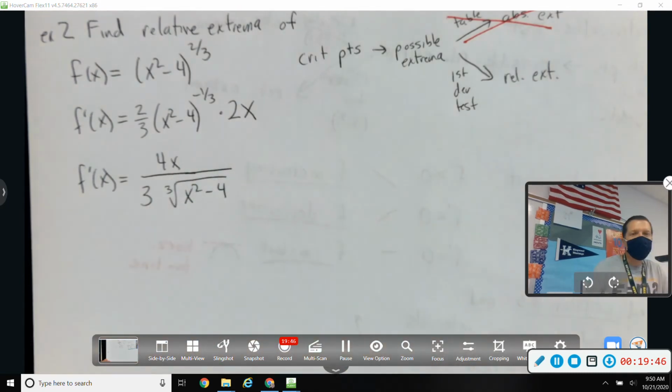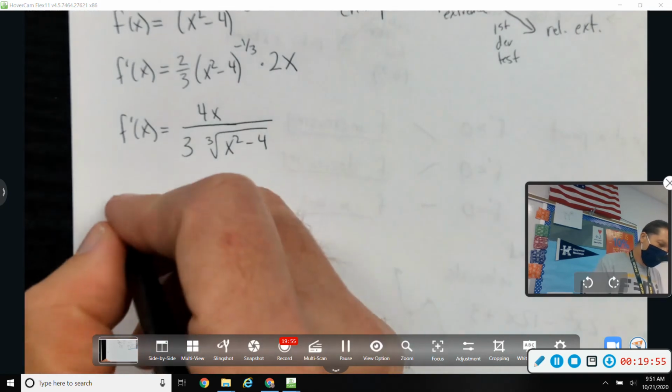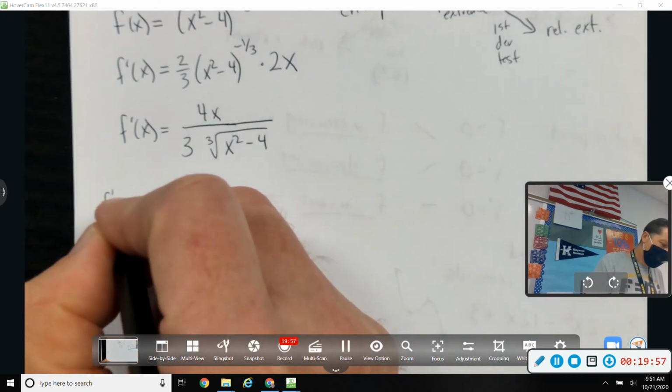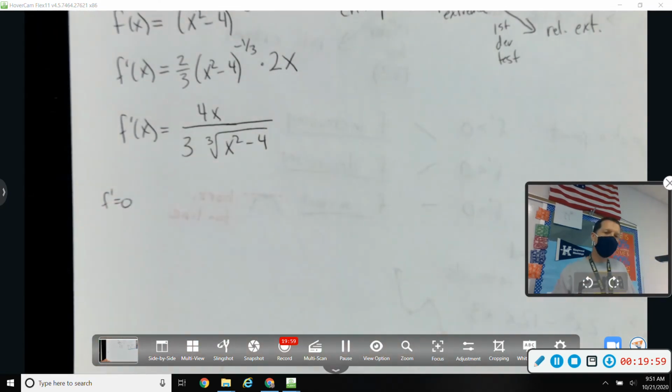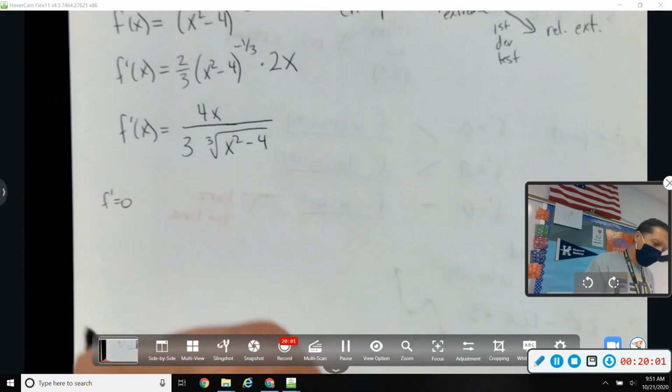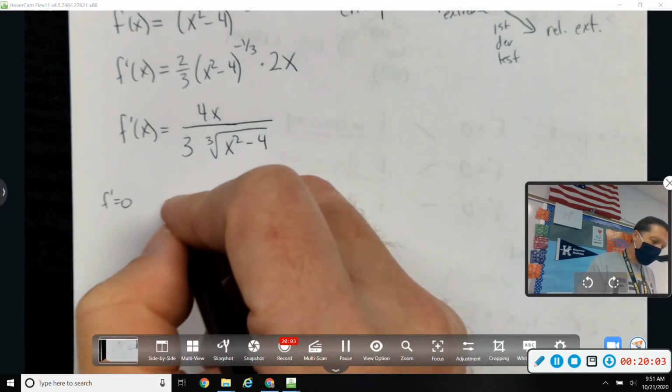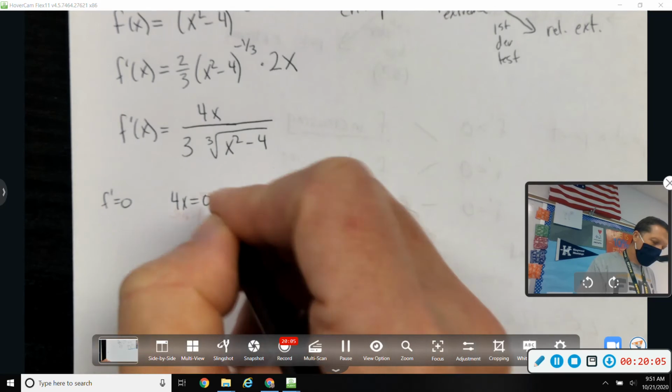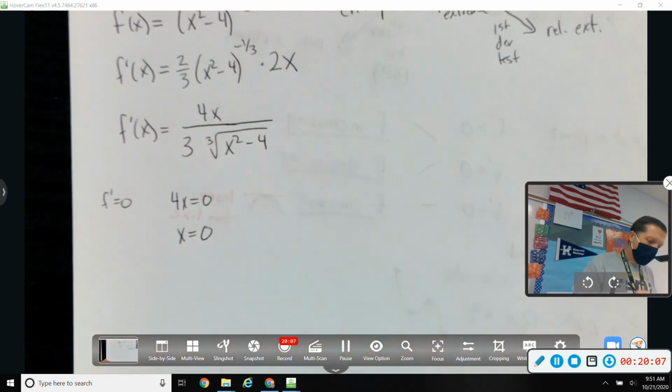I think that's a little easier to look at. So f prime equals 0, because I'm thinking critical points. That would be where the top is 0. So that's an easy one.